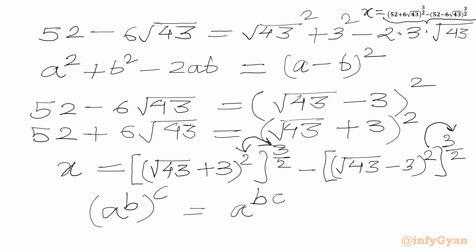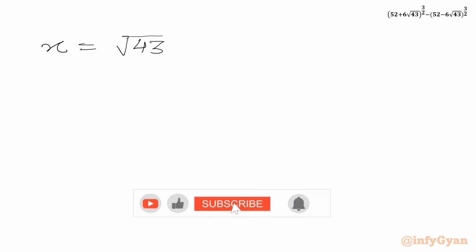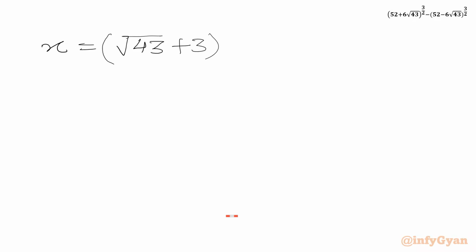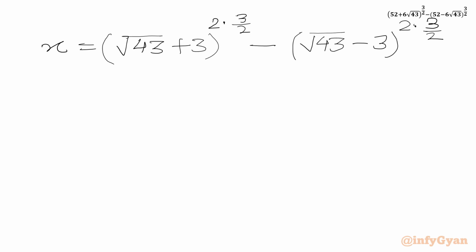Here also we will multiply 2 with 3 over 2, and we will write x equal to (√43 + 3) with power 2 times 3 over 2 minus (√43 − 3) with power 2 times 3 over 2.